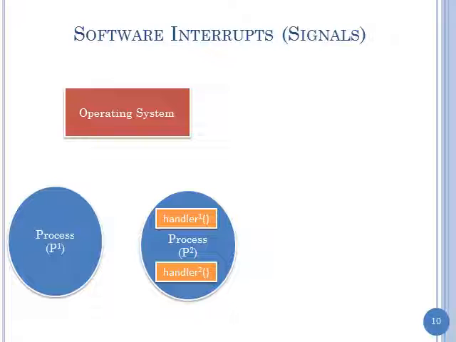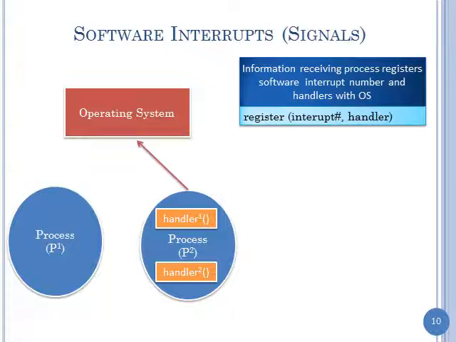What I'm going to do is a form of registration, just like the observer model. You say, whenever interrupt number so-and-so occurs, please call this handler. You're telling the operating system this, just as the operating system tells the kernel, and the kernel tells the hardware, that whenever this interrupt occurs, here is a handler. So that is your receiving process.